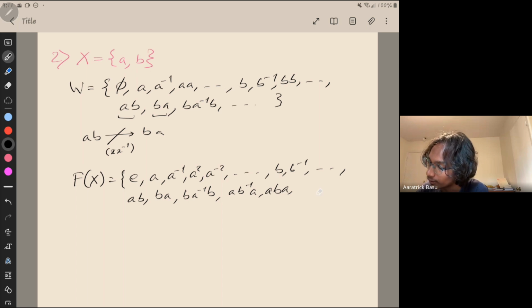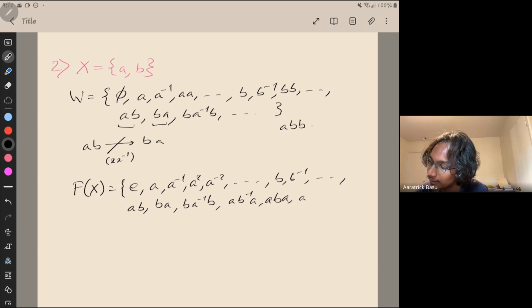So if you were looking at the word, for example, ABBA, this gets collapsed to AB squared A, but that's it. There's nothing more that you can do. AB squared A is not the same as, for example, B squared A squared or anything like that, right? Is that clear? Is there any question so far?